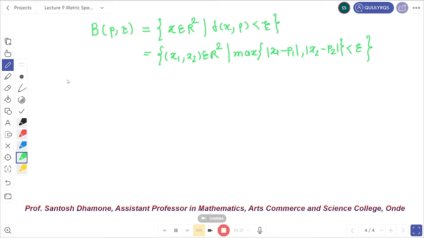Since x belongs to R2, this implies that x is the ordered pair (x1, x2) and p is the point (p1, p2). Note that there are two possibilities.